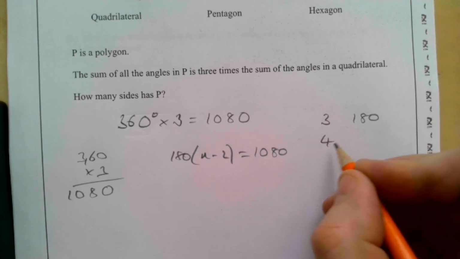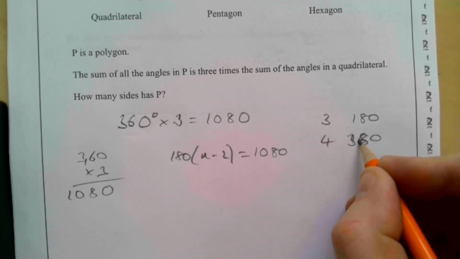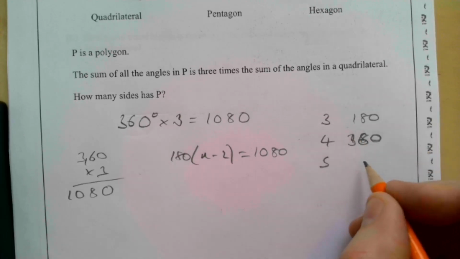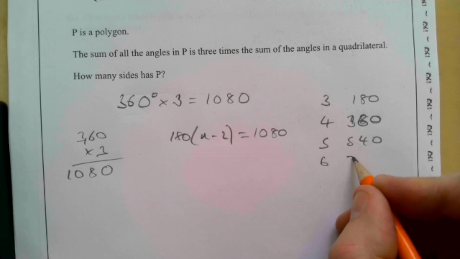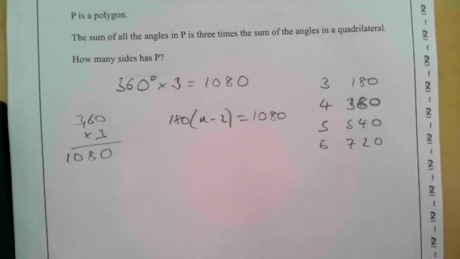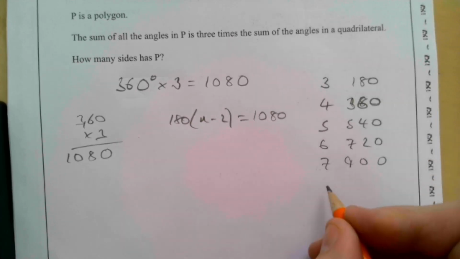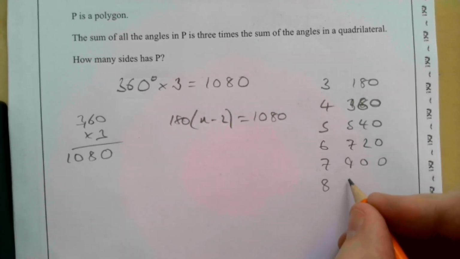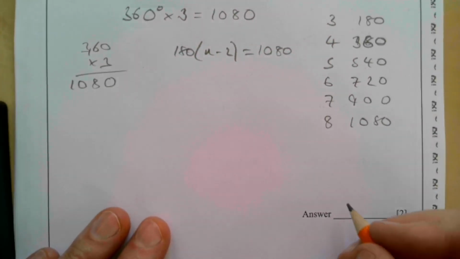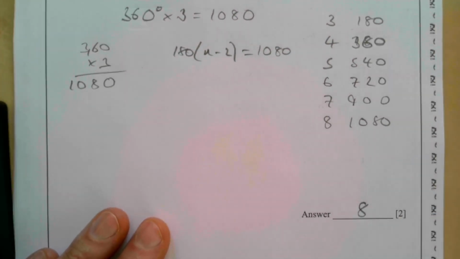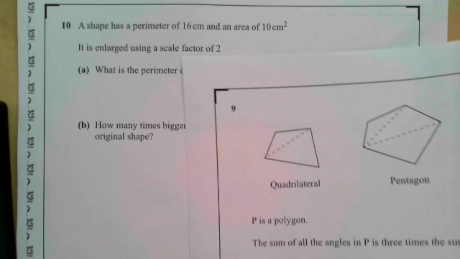So you just keep going up and adding 180 each time. 4 is 360. 5 is another 180, so it'll be 540. 6 is 720. 7, another 180, is 900. And then 8 is another 180, so that's 1080. So my answer would be 8. A couple of different ways of doing that. I sort of did it a bit of a long way, but hopefully that makes sense.